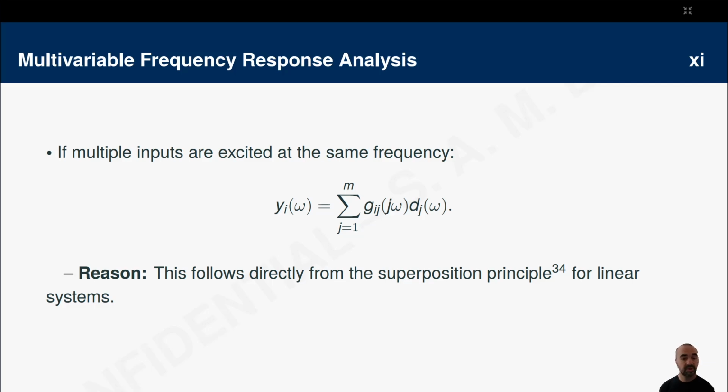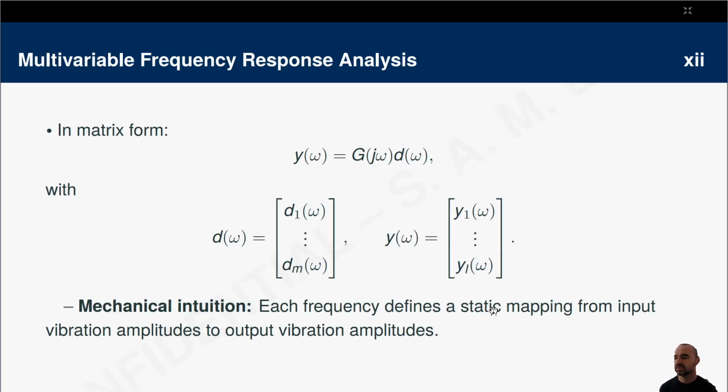You should always remember that this follows directly from the superposition principle for linear systems. In matrix form, y(omega) is G(j omega) d(omega), where d is the input vector and y(omega) is the output vector, y_1 through y_l, and the input vector from d_1 to d_m. All right. This is our matrix, and it is in matrix form.